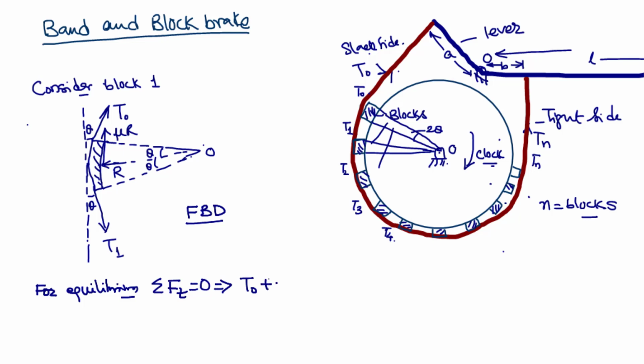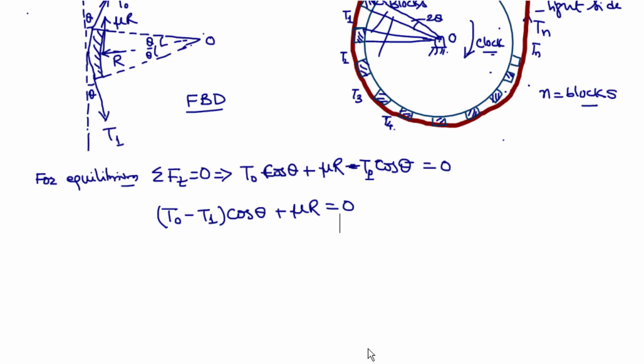T0 cos theta plus mu R minus T1 cos theta equals 0, or we can write it as (T0 minus T1) cos theta plus mu R equals 0, or it can be written as (T1 minus T0) cos theta equals mu R.